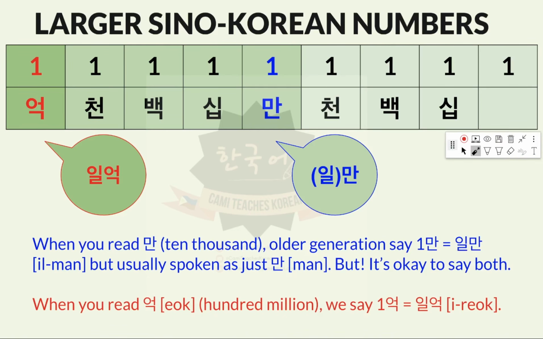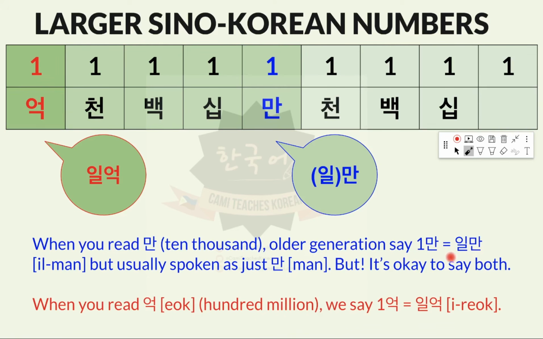So now, before we have our last few examples dito ng large Sino-Korean number, ang ok at man po, we read it with the number il. So dito sa man at ok, we include the il na 1. When you read man, itong 10,000 na to, man, the older generation, they say il man.